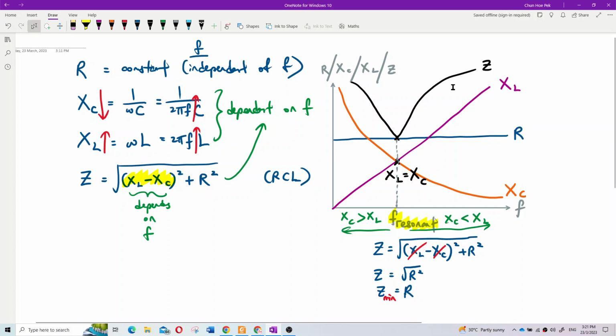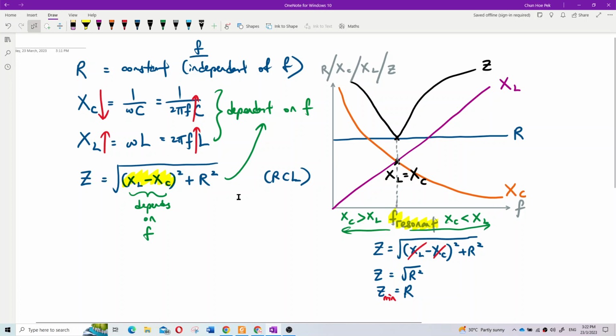Before and after resonant frequency, there will be a certain value of XL minus XC, so definitely Z is always bigger than R. You understand what I'm talking about, class? Yes, sir.